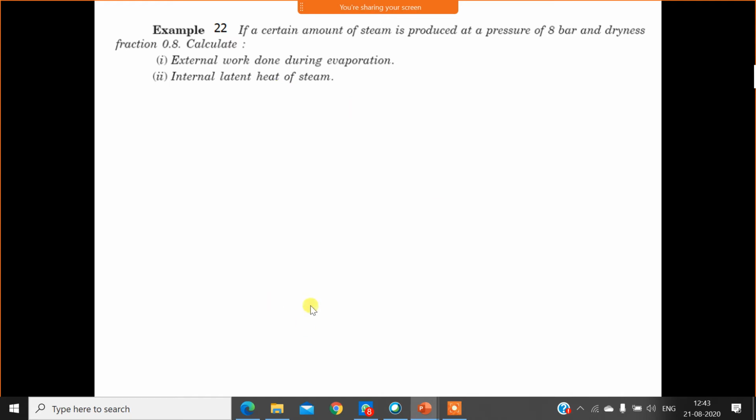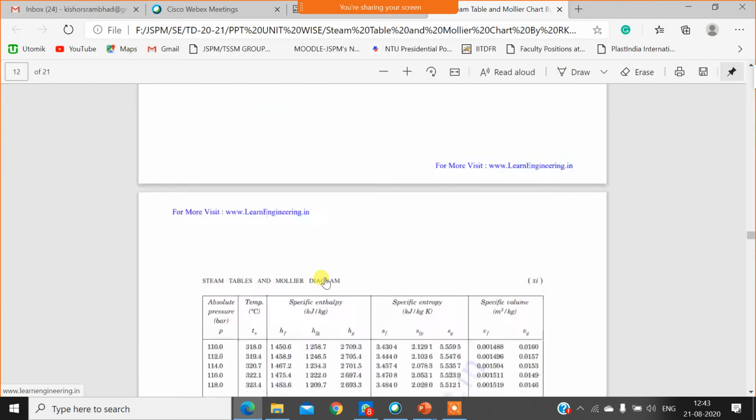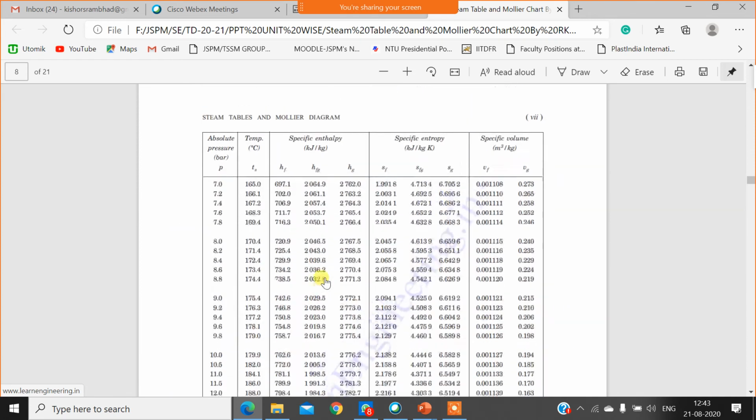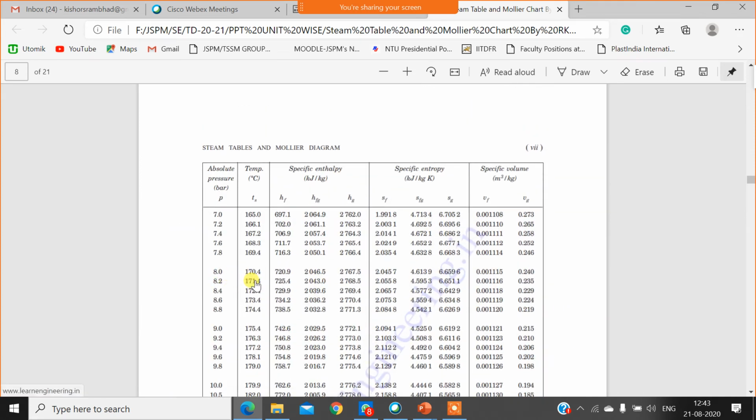Let us first check the different values of enthalpy at 8 bar from the steam table. Since pressure is given in this problem, we will go to table number 2. Using table number 2 at 8 bar, hf is 720.9, hfg is 2046.5, hg is 2767.5.